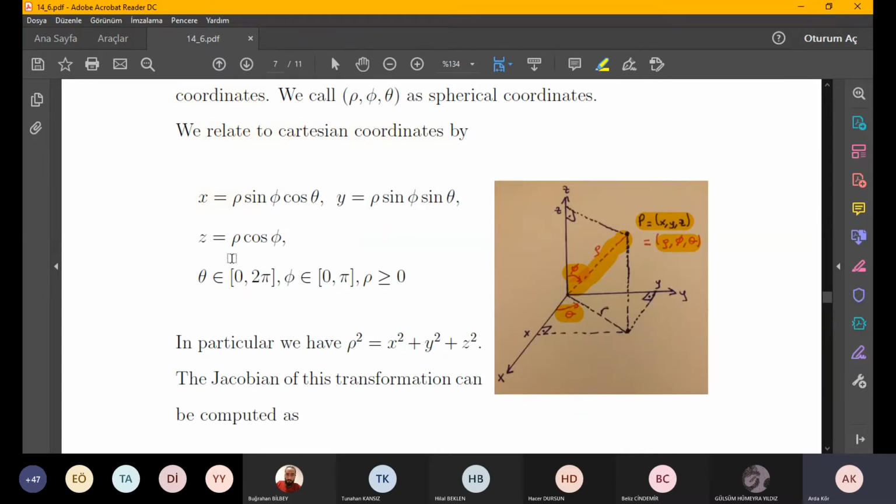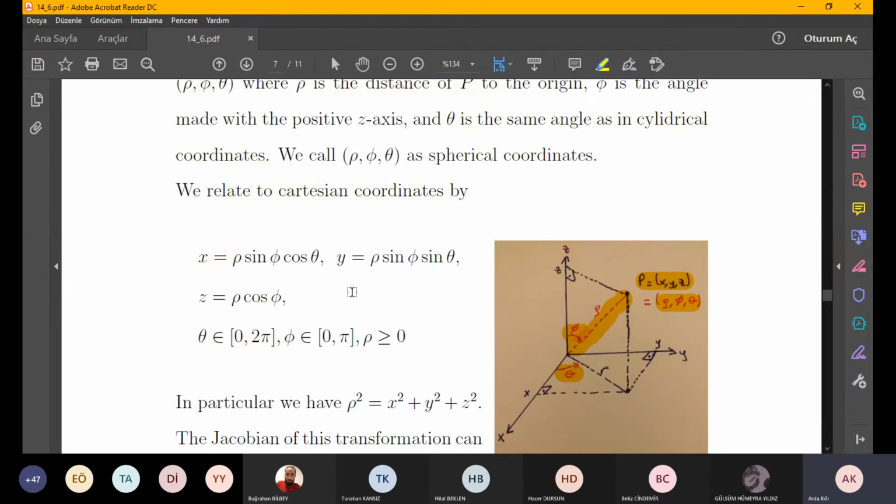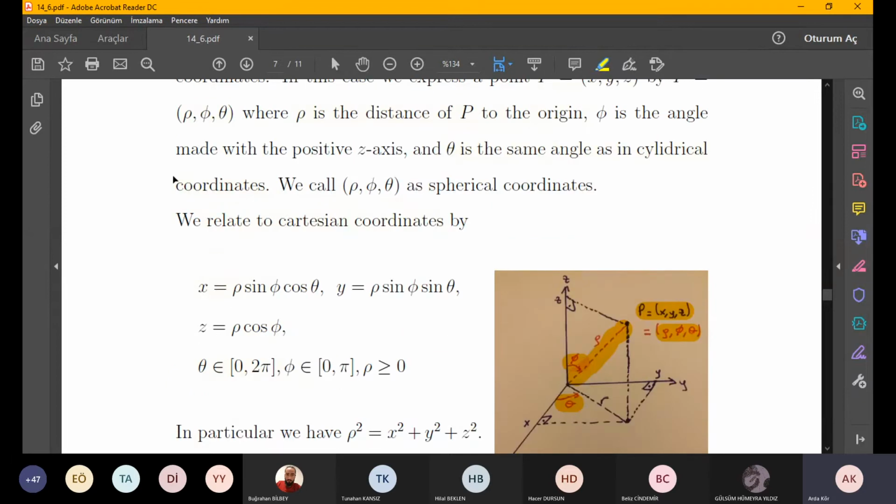Phi is in between 0 and pi. Let's remind again, phi is the angle with the positive z-axis, and rho is the distance, so it is greater or equal to 0. So by this transformation we can get rho square is equal to x square plus y square plus z square.